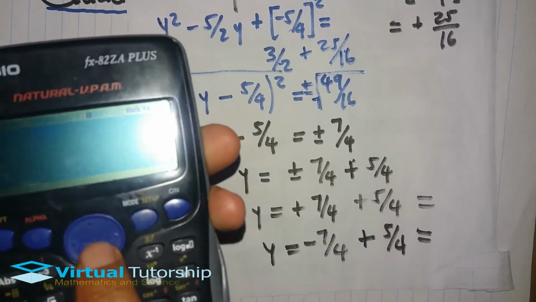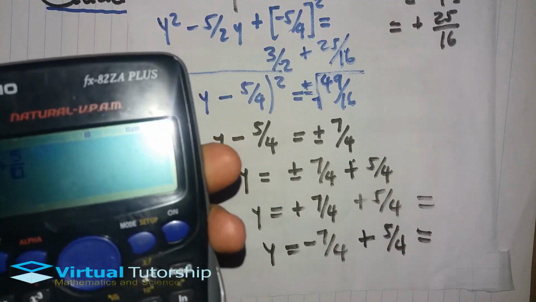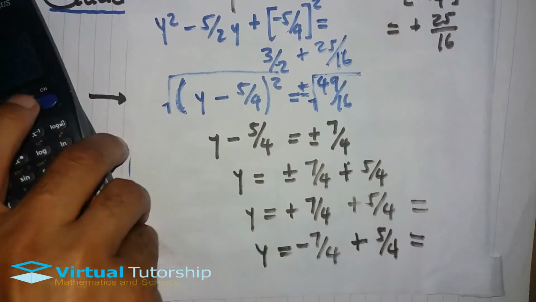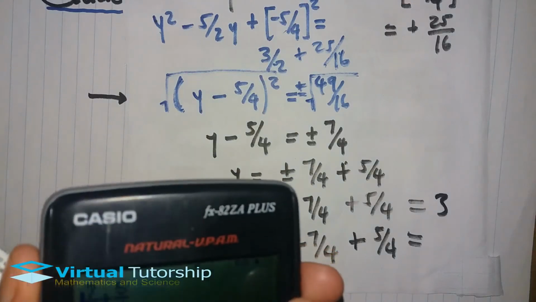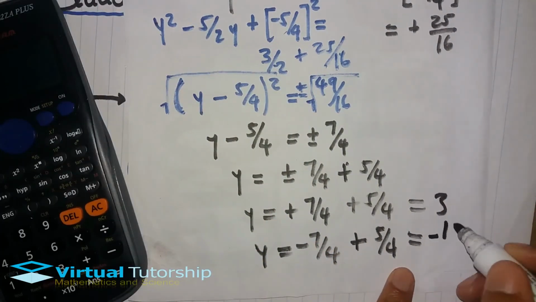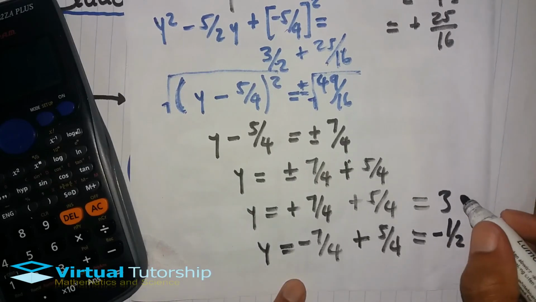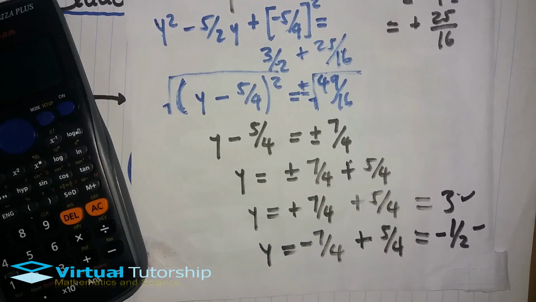My solution is about 3, and the other one is going to be a negative half. So my solutions are 2: one is 3, one is negative half.